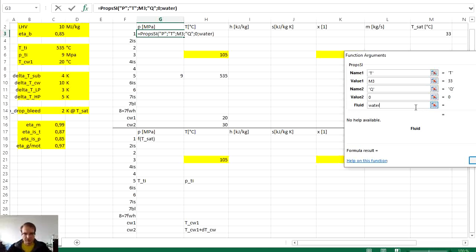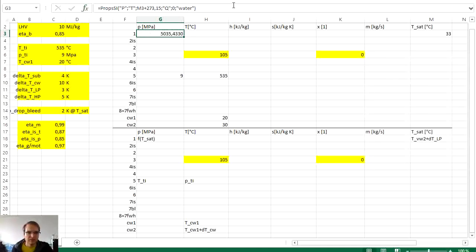And our fluid is of course water. Now the temperature we have here is in degrees C, so we have to add 273.15 to get to kelvins, and we get the result in pascals, so divided by a million to get megapascals.